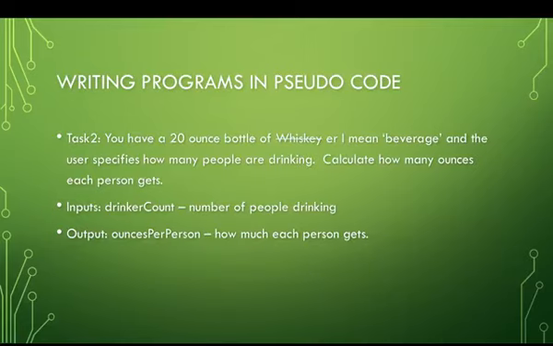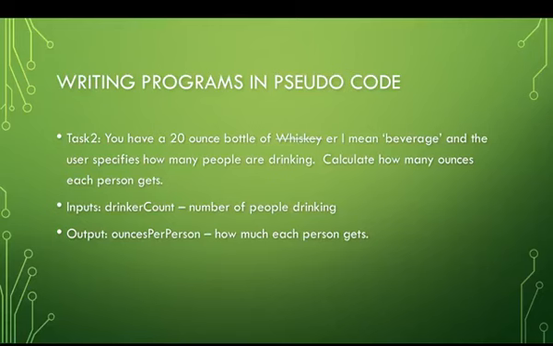Okay, so we want to go ahead and look at our next task. And so the idea here is that we have a 20-ounce bottle of whiskey, maybe I should just say beverage, and the user supplies how many people are drinking. And so we're going to calculate how many ounces each person gets.